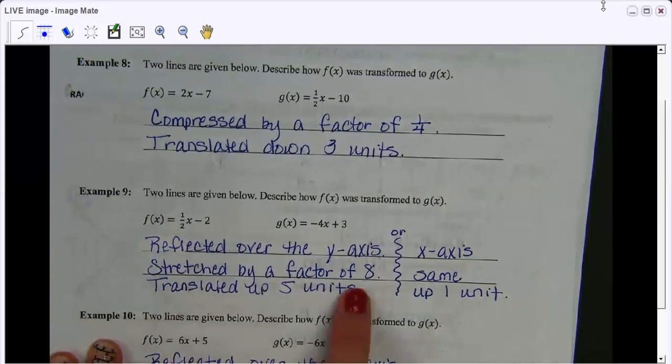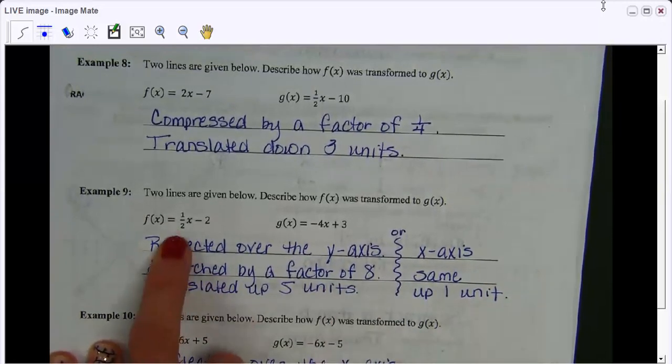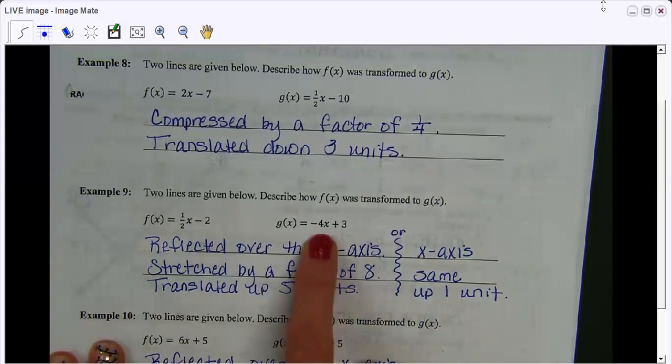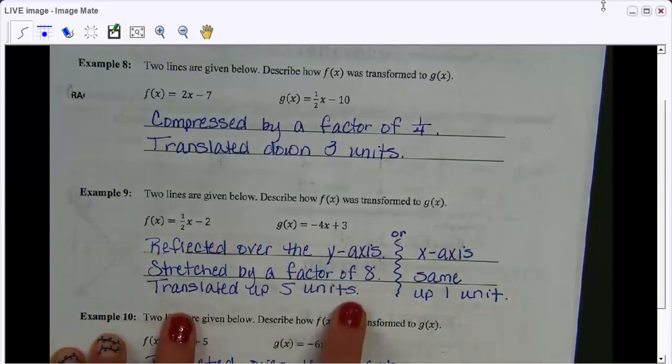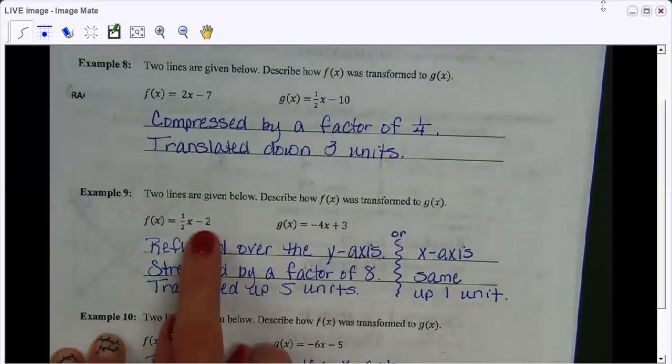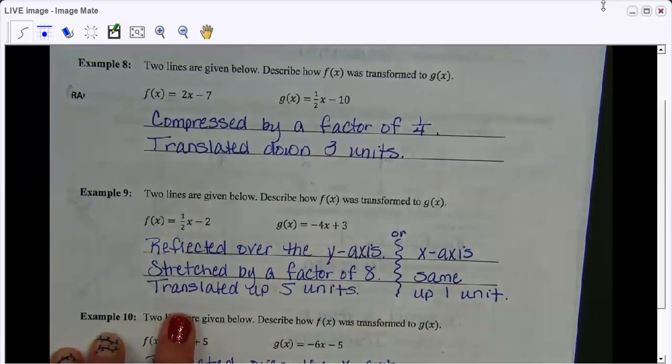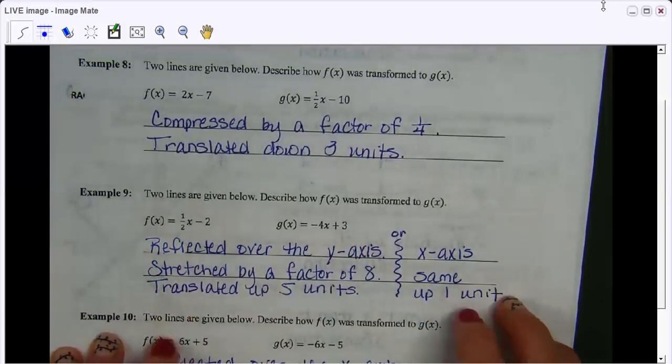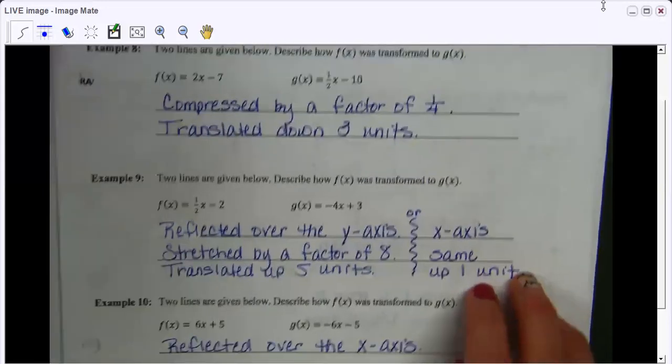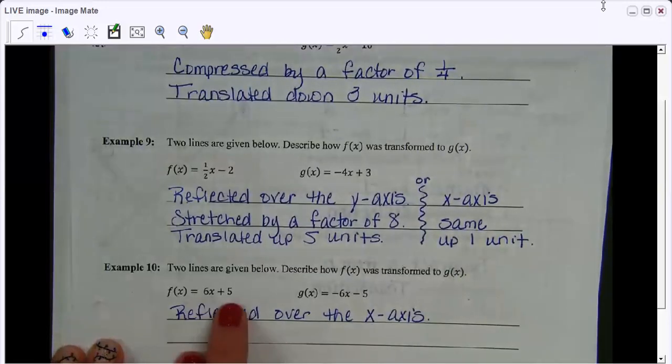And then it stretched by a factor of 8 because we multiplied 1/2 by 8 to get 4. And then it translated up 5 units because we went from a -2 to a +3. All right. Example 10, we multiplied the 6 and the 5 both by a negative, and that means that we reflected it over the x-axis.